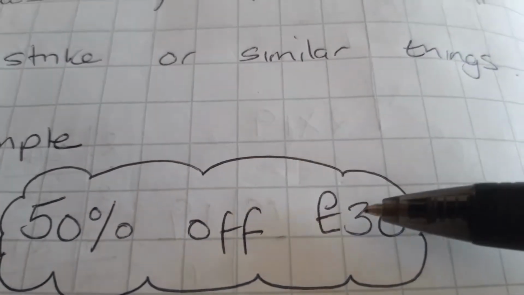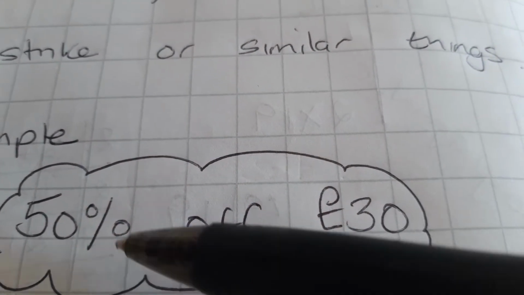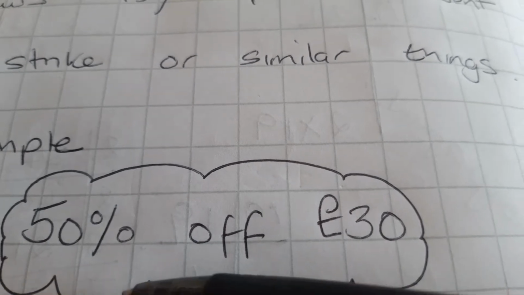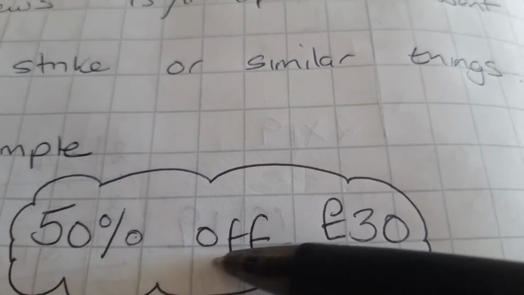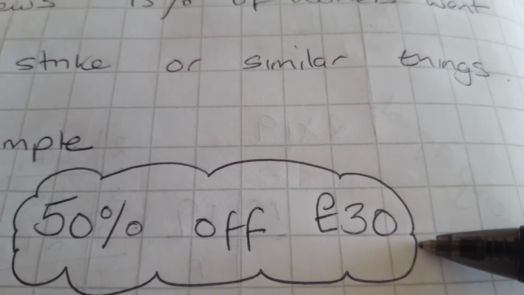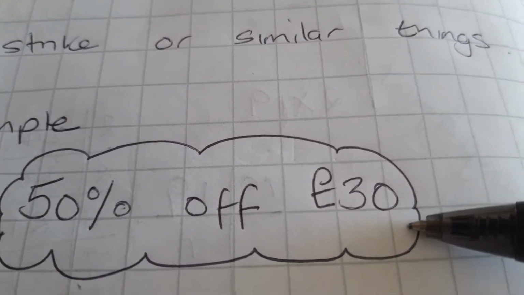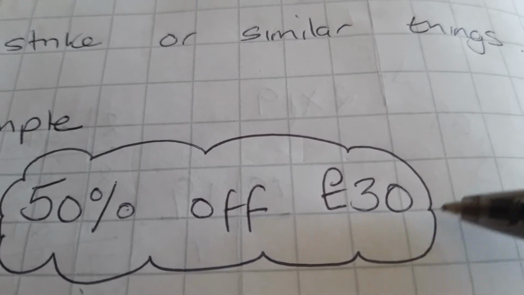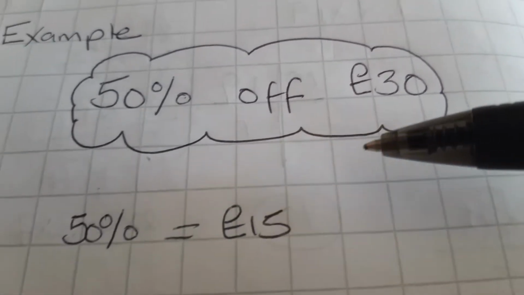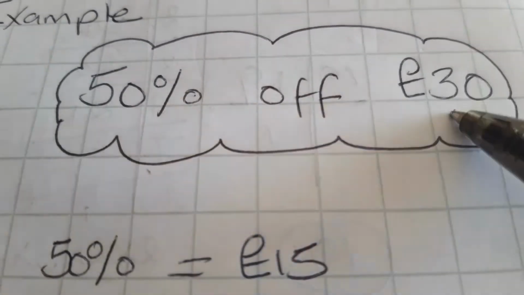So, for example, if you saw this sign on a t-shirt or something, 50% off £30, and you had to work out how much it was going to cost you. That's probably an easy one, but we're going to look at it anyway to see how it works. So 50% is £15. And how did we work that out?